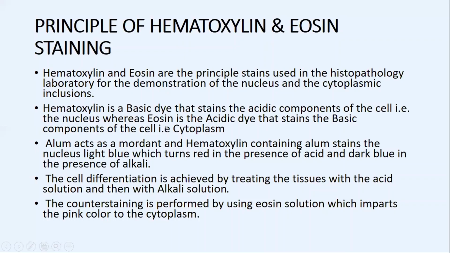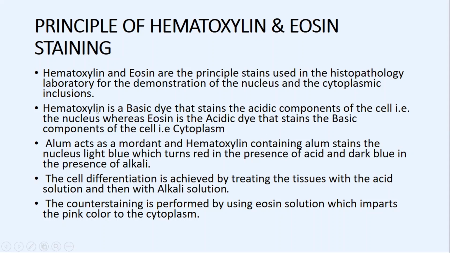The underlying principle of hematoxylin and eosin is acid and base. The dye is composed of hematoxylin and eosin. Hematoxylin is a basic dye that stains the acidic components of the cell.